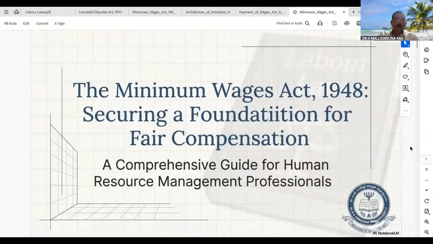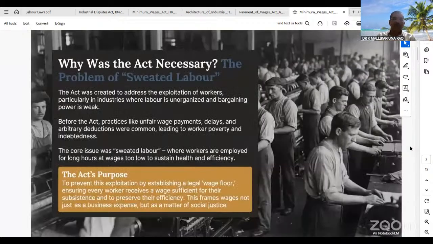The Minimum Wages Act 1948 came the very next year after independence, so that employees get minimum salary, wages, and fair compensation as per our right. So why is the minimum wage necessary? Previously, most organizations did not pay a fair wage, they paid under wages, and there was no overtime pay. Sweated labor was there.